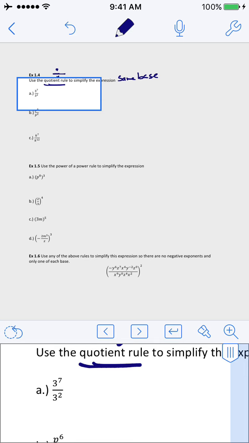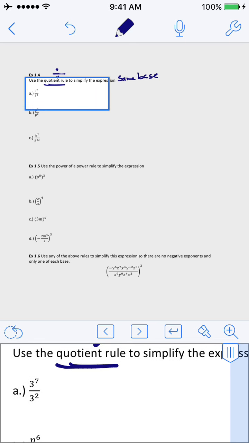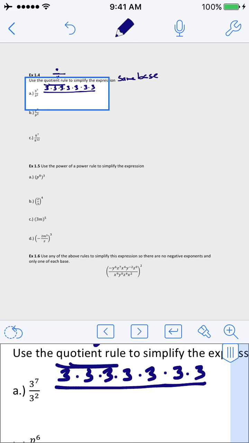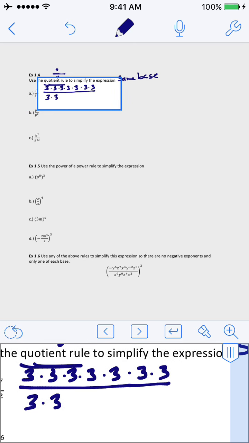But here's what's happening. If I have 3 to the 7th over 3 squared, well then what I have is 3 times 3 times 3 times 3 times 3 times 3 times 3 over 3 times 3, right? That's what I have. I have 7 3's on the top and 2 3's on the bottom. Now, for every 3 I have on the top, I can cancel it with a 3 on the bottom, because 3 divided by 3 is just going to be 1.